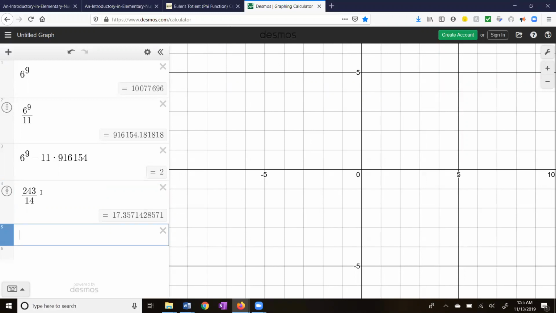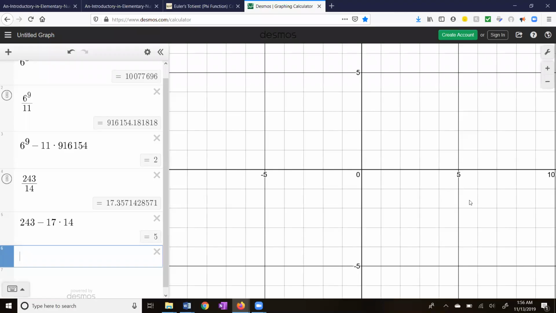I have 17. It goes in 17 and change. And if I subtract away 17 times 14, I get a remainder of 5.